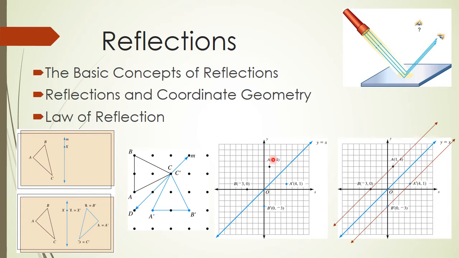So you see 1 now goes from the x value to the y value, and 4 goes from being the y value to now the x value. So that's just a really cool thing that happens with lines of reflection when you have that as y equals x. And then there are patterns that can occur when the y-axis is your line of symmetry and when the x-axis is your line of reflection.